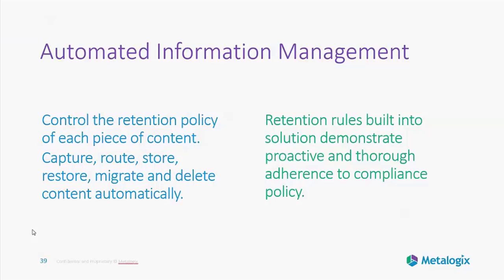Hasn't been touched in 6 months, move it to A. It hasn't been touched in 12 months, move it to B. After 2 years and it's non-critical and non-sensitive, delete it automatically. If it's sensitive, put it in this kind of a storage device. You set that up once inside StoragePoint, and that becomes your wingman. It goes and does all of that for you automatically.